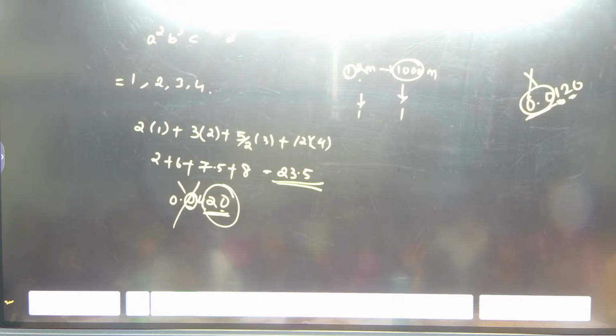The first step, if the digit to be rounded off is more than 5, then the preceding digit is increased by 1. What is the meaning of preceding digit? The digit which we are considering, the previous digit.